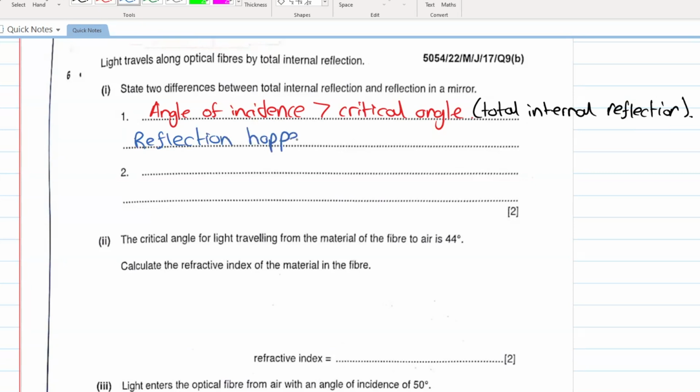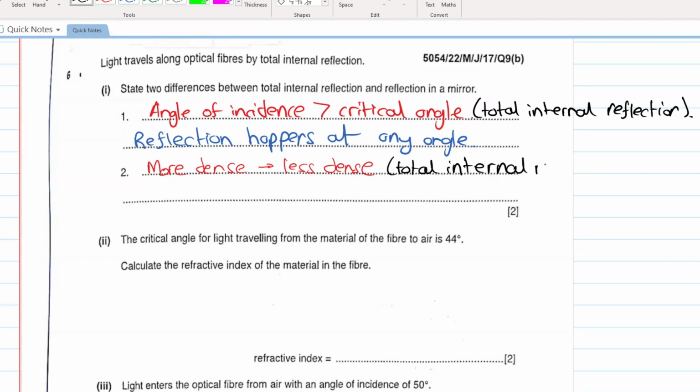The second difference, for total internal reflection to occur, you must go from a more dense material to a less dense material. Okay. And there are no such restrictions for reflection.